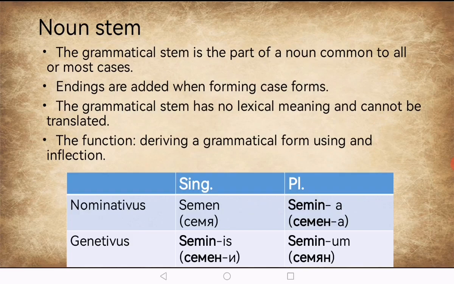Nominativus pluralis, semina, grains, the stem semin and the ending a. Seminum, of the grains. So the stem and the ending. The stem is the same. It is not changed, as we see.